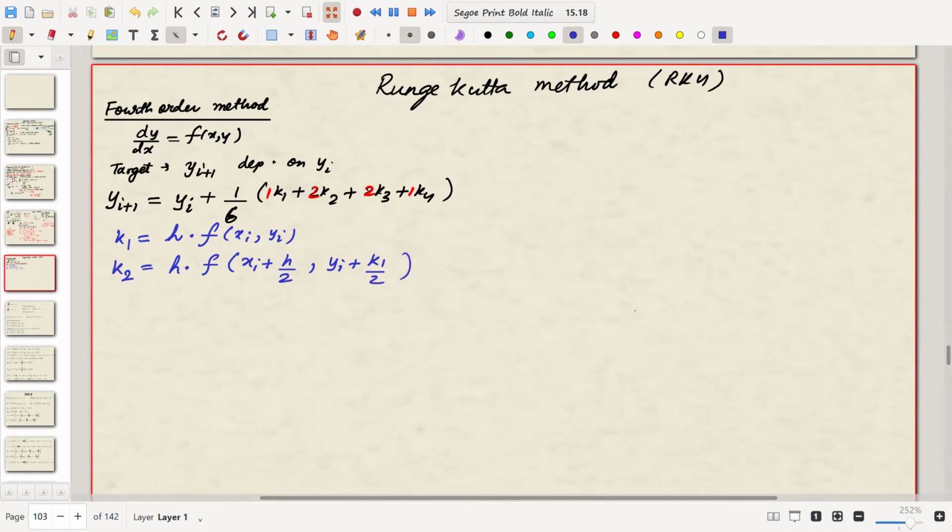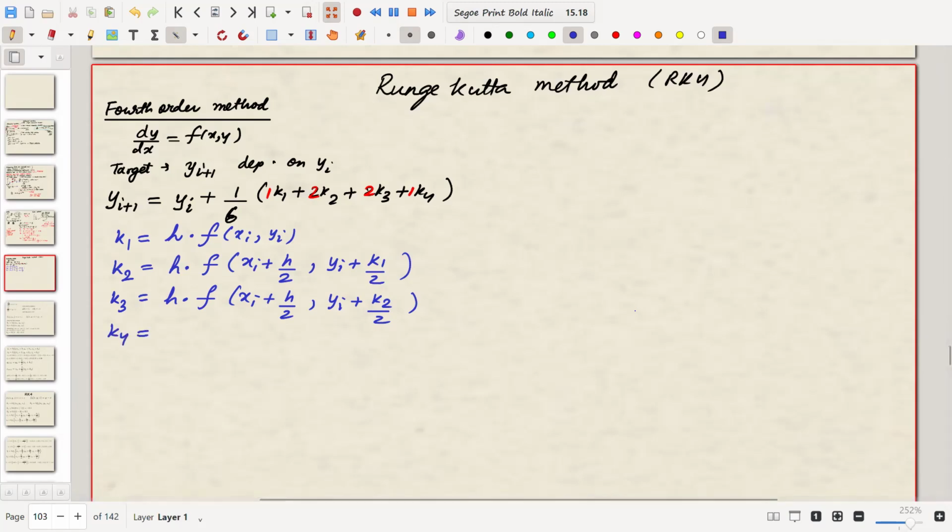First you evaluate k1, you note the value, then you put it in the expression of k2 to get the k2 value. What is k3? k3 is h times f of x_i plus h by 2, comma y_i plus k2 by 2. So k3 depends on k2. You are seeing the pattern, I hope. So what is k4? k4 is h times f of x_i plus h, comma y_i plus k3.